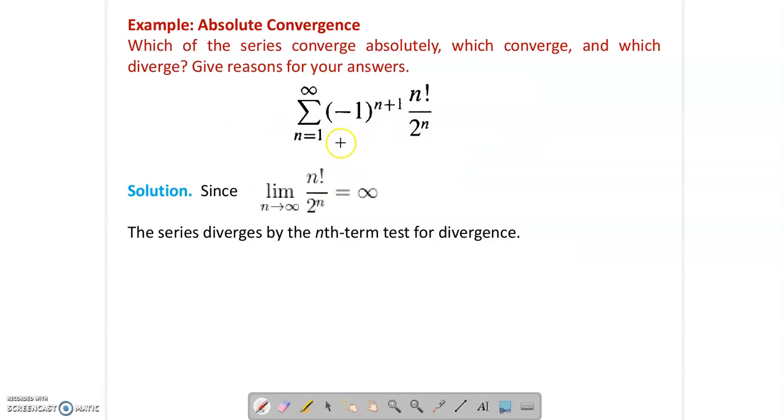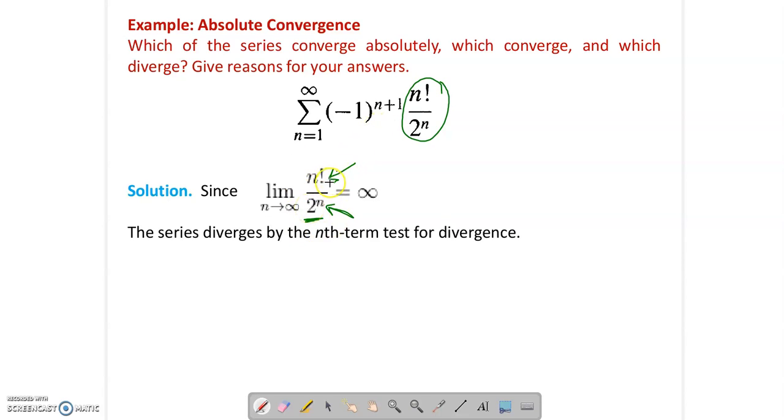Now this is the series given: summation n going from 1 to infinity of minus 1 raised to the power n plus 1 into n factorial by 2 to the power n. Now we are going to apply the nth term test for divergence here. So what is the limit as n tends to infinity of n factorial by 2 to the power n? Look at the numerator and the denominator. The numerator is n factorial and the denominator is 2 to the power n. As n increases, which quantity will grow faster?